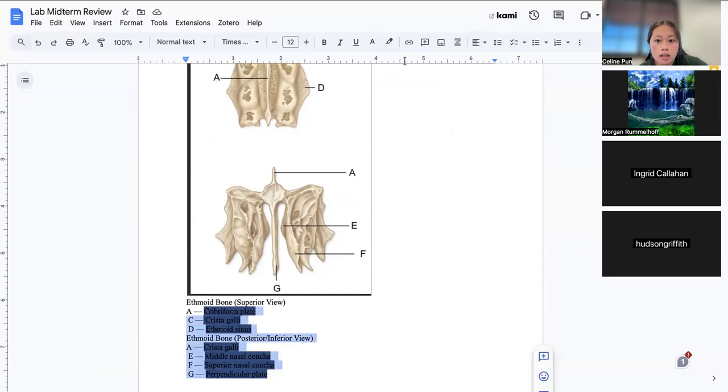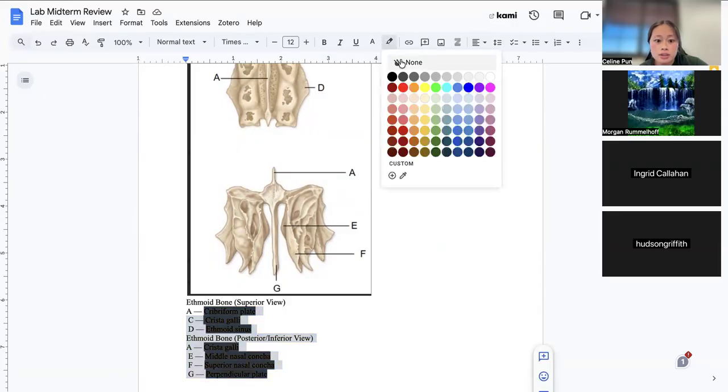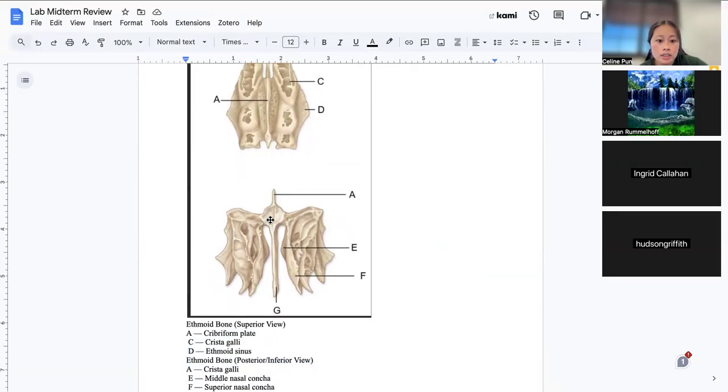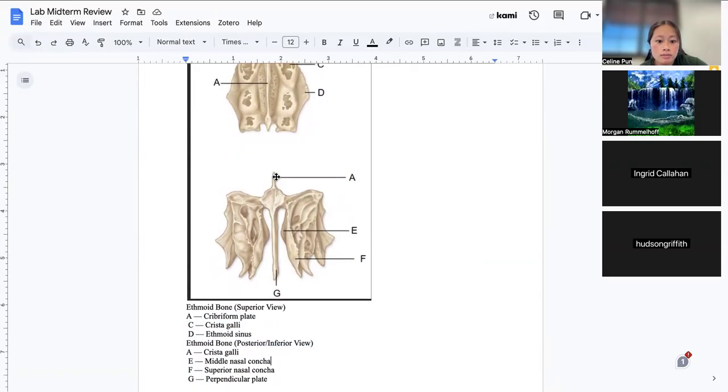Okay. I need to pull up my notes because some of these are incorrect. So A is over here. It's the crista galli. G is the perpendicular plate.